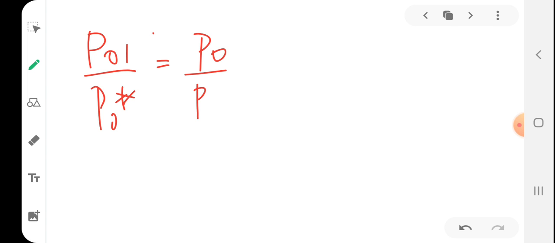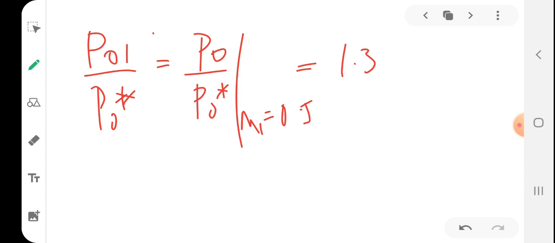So P01 by P0 star is nothing but P0 by P0 star corresponding to M1 equal to 0.5. That value is given in the table as 1.34.